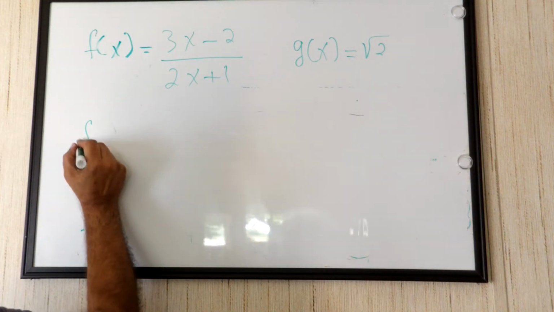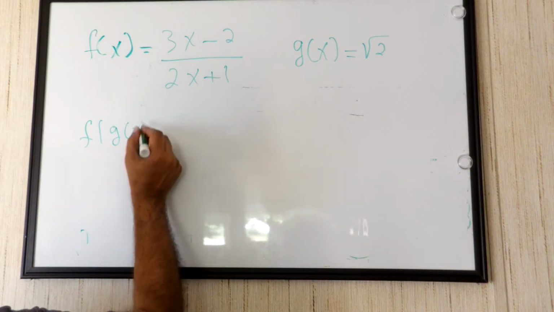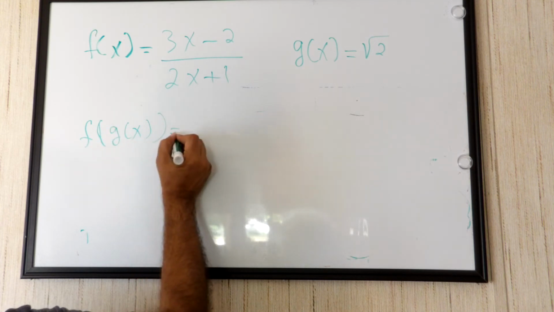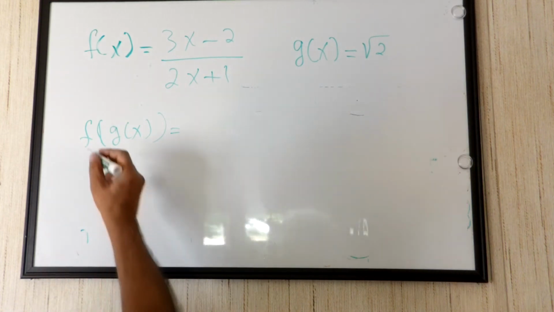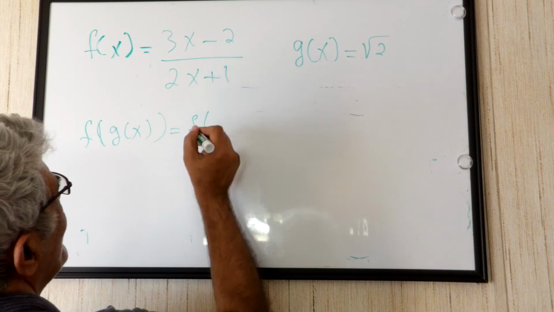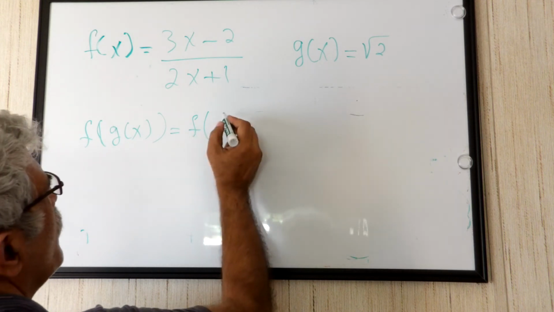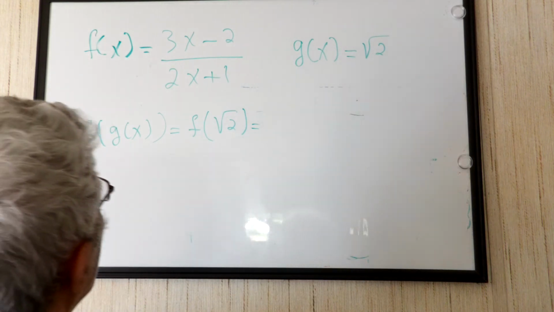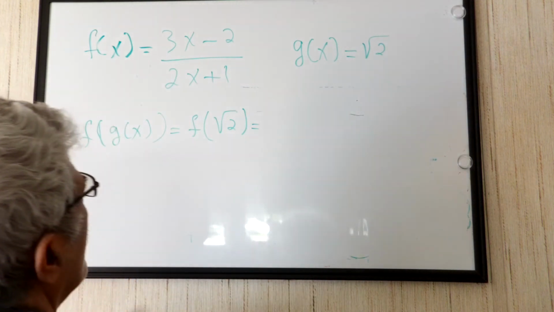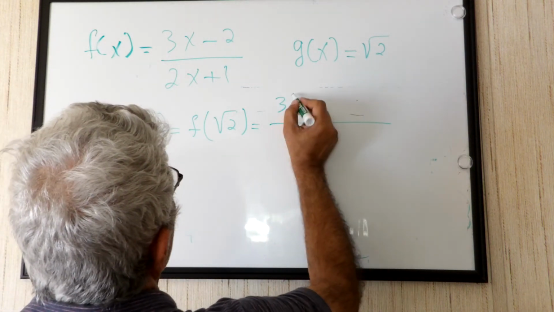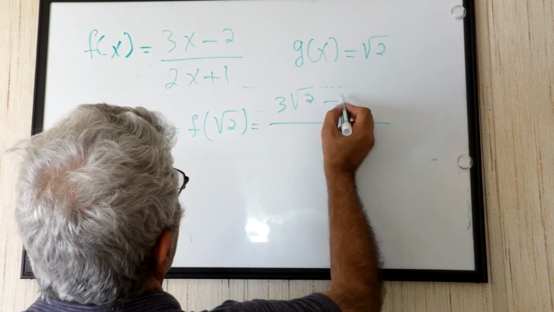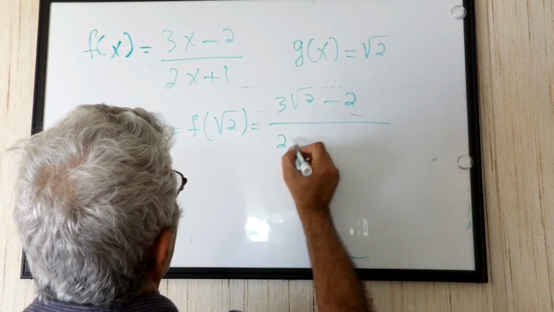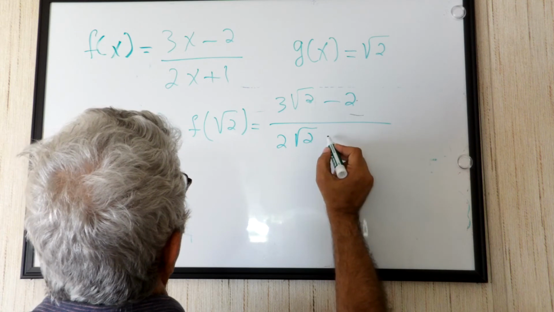If you want to find f of g of x, what is it going to be? It means that instead of the value for x, you put a square root of 2. So we put the value for x there. We say 3 times square root of 2, minus 2, and 2 times square root of 2, plus 1.